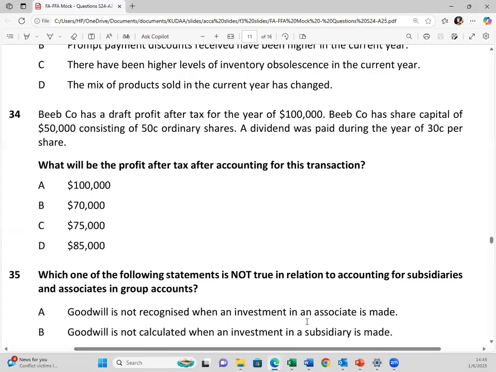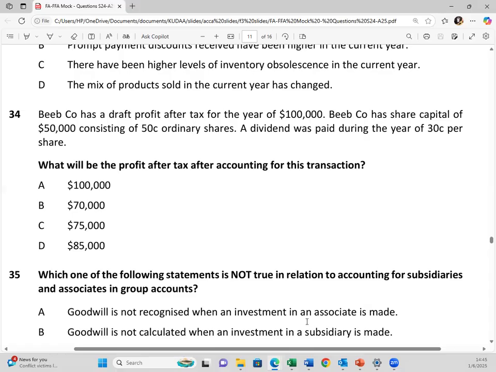Remember that if a dividend is being paid, the dividend is paid out of retained profit and not out of the profit for the year. So the dividend is not going to affect the profit for the year. However, it will affect the retained profit.